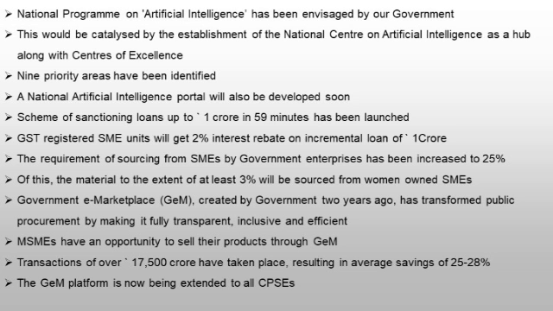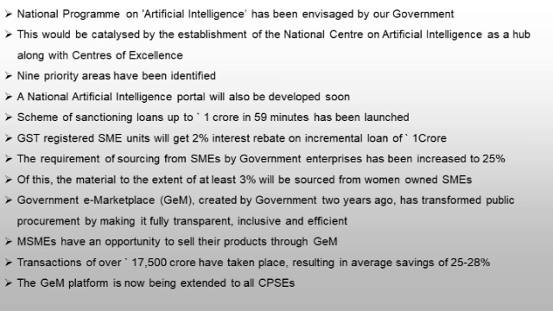Then the government says the sourcing from SMEs, that means in government there is a sourcing policy which says you have to procure a certain amount compulsorily from small and medium enterprises. Now it is up to 25%, and out of that 3% should be from women-owned SMEs. Those are the steps taken by the government to encourage small and medium enterprises.